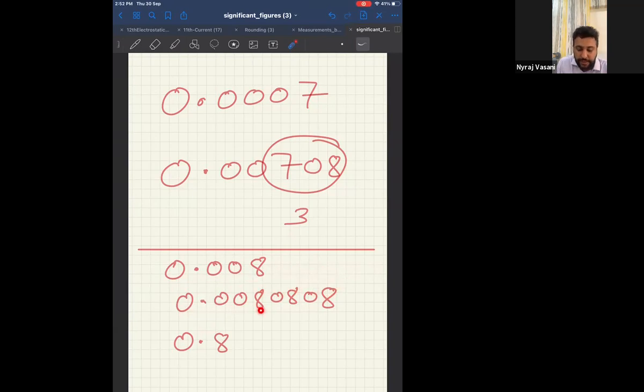Therefore, the number of significant figures in this case is 5. In the first case, it is 1. In the next case, it is 5. And in the third case, the number of significant figures is only 1 because this is not significant. Therefore, these are not significant, these are not significant, and this is not significant. All others are significant. Did you understand?